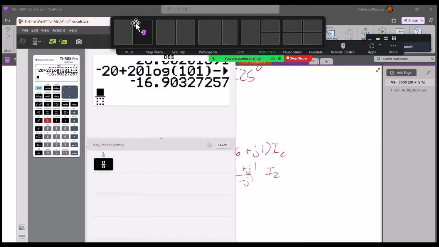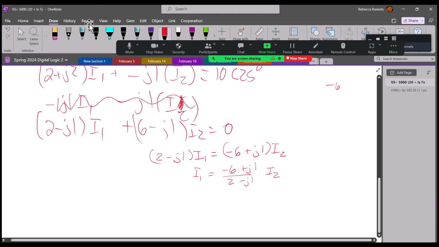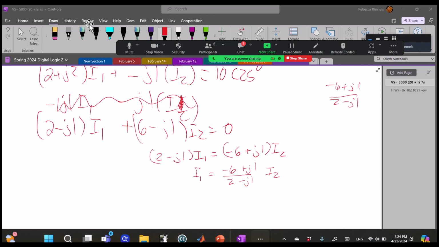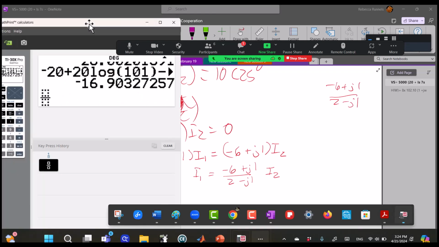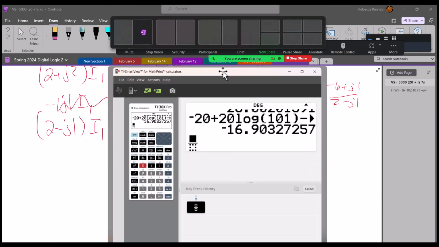I was just trying to do this arithmetic, minus 6 plus j1 over 2 minus j1. So I was just trying to do that. There's something in the chat? Okay.